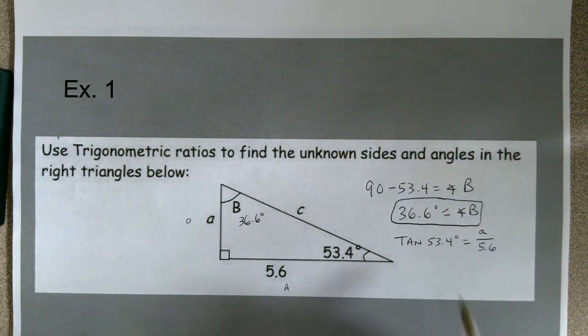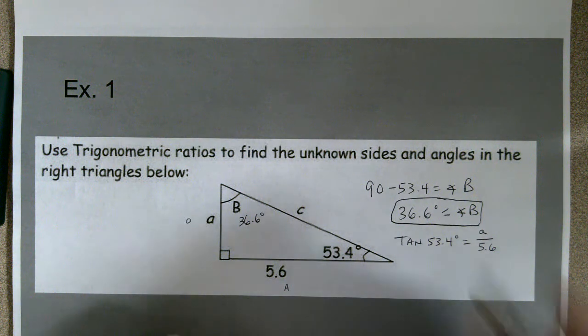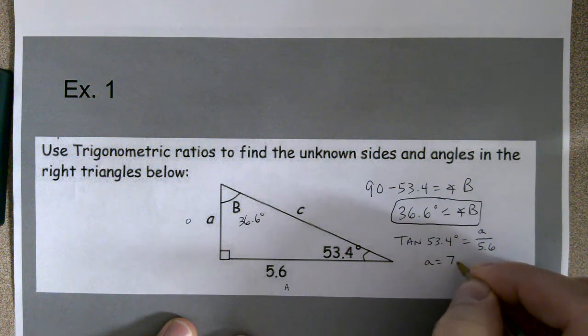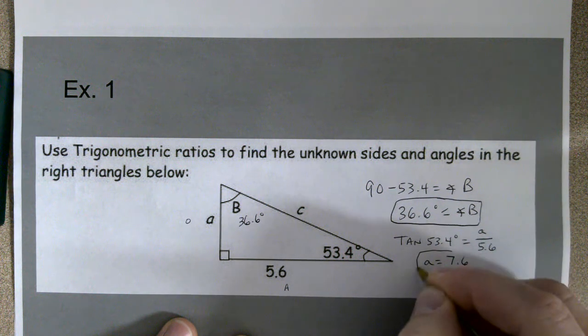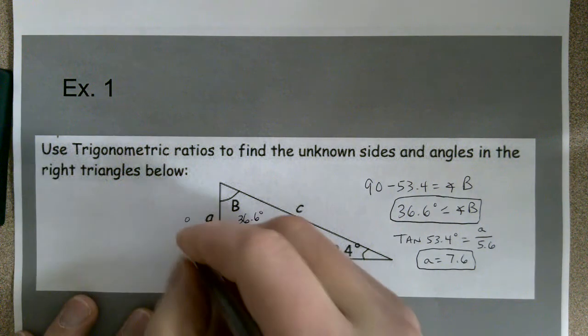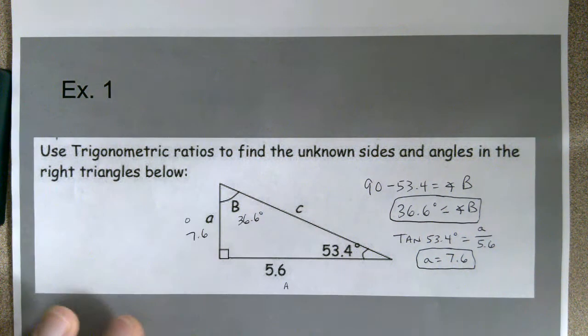So to solve this, I'm going to do the tangent of 53.4 in my calculator and multiply that by 5.6. So A in this case is going to be 7.6. Again, this is rounded to the nearest tenth. So this side over here is 7.6.